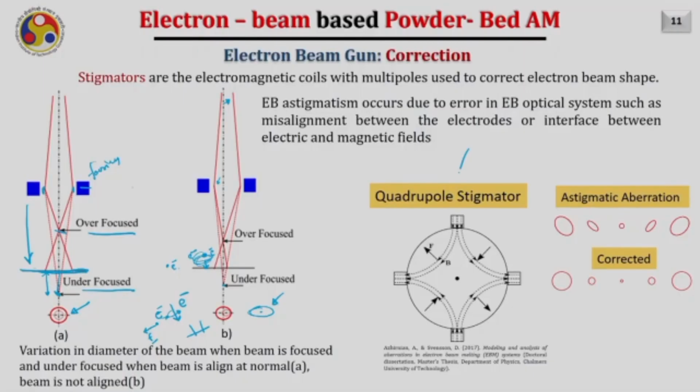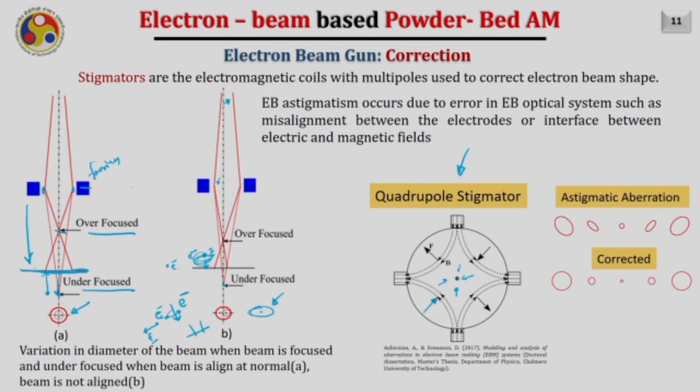A typical example of a quadrupole stigmator is shown here. As you can see, if this is the particle, it will be subjected to force from all the sides, and as a result, this particle will become aligned appropriately, and you will get a uniform cross section.